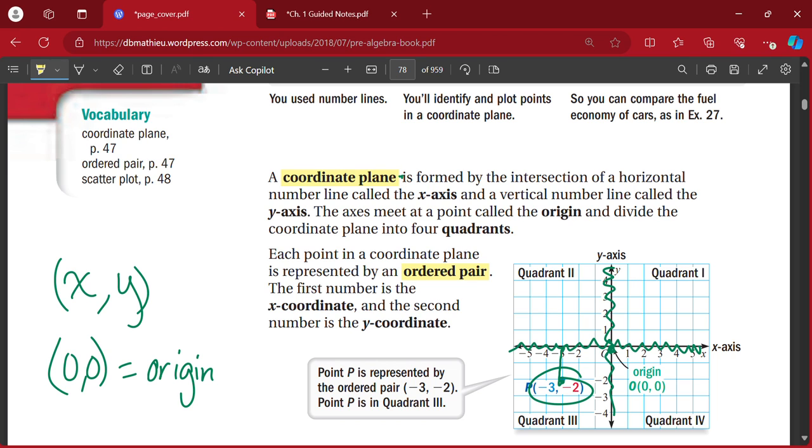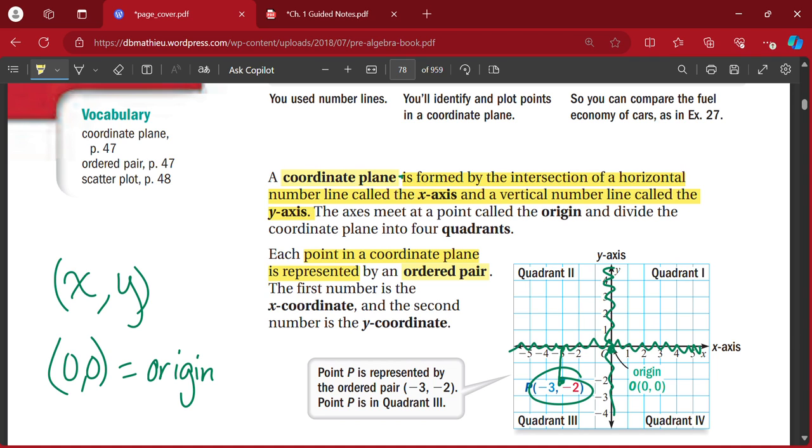A coordinate plane is formed by a horizontal number line called the x-axis and a vertical number line called the y-axis. A point in a coordinate plane is represented by what is called an ordered pair.